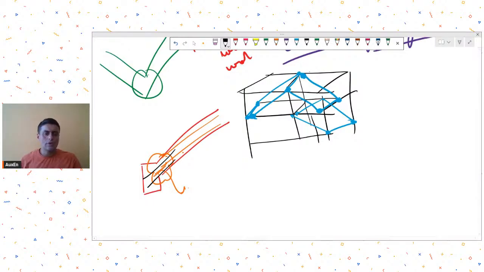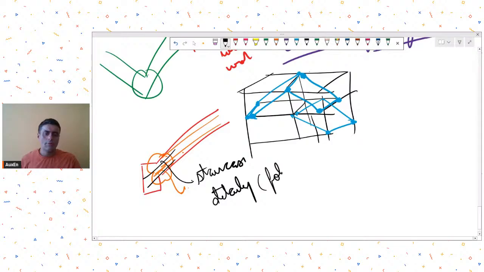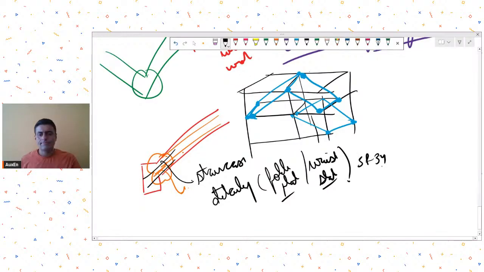For all these things, you could also refer to the staircase type of detailing that is given in SP34. Staircase detailing diagrams are given especially for waist slab staircases, you could refer to those detailing practices. So go to SP34 for it.